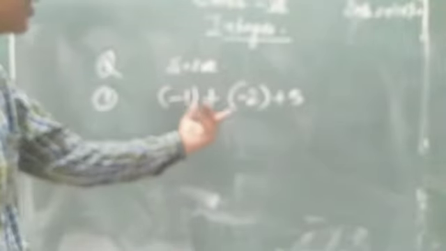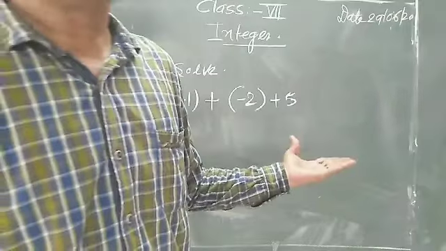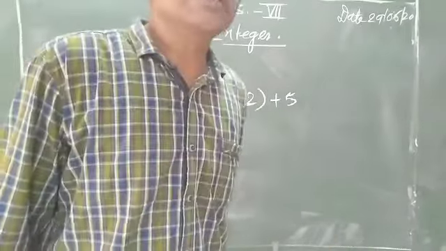First one, that is -1 plus -2 plus 5. You see here, the two numbers are negative in this sum and one is positive.